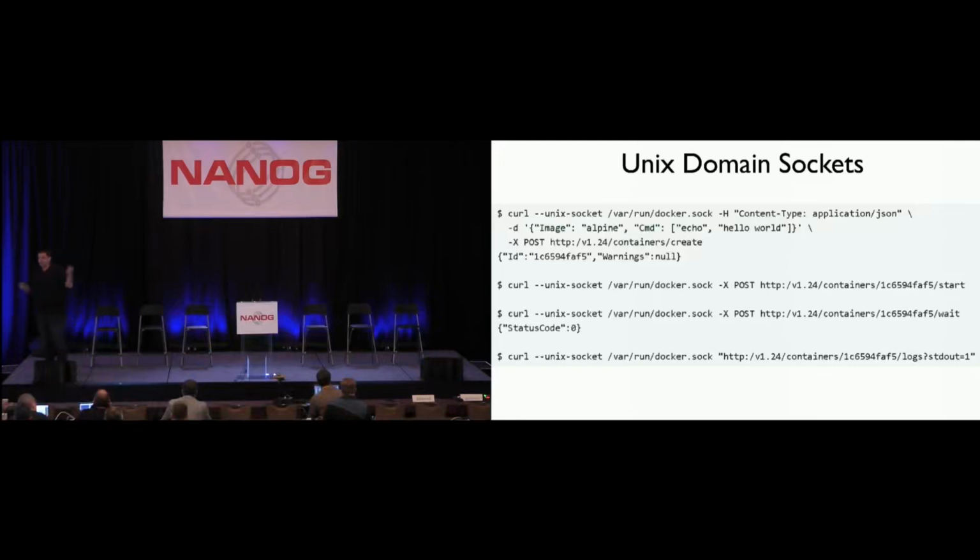Docker changed a lot, and in light of security risks, they no longer do that; that's not the default. The Docker interface itself is a Unix domain socket that sits on the local system, and someone from a remote system cannot get to it. So here are simple curl commands to connect to the Docker socket and run commands.